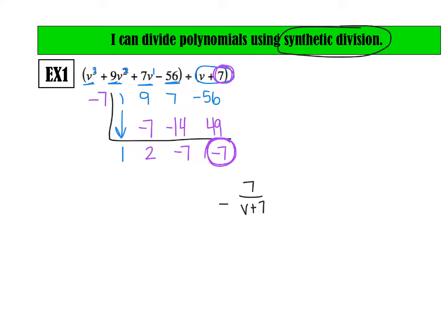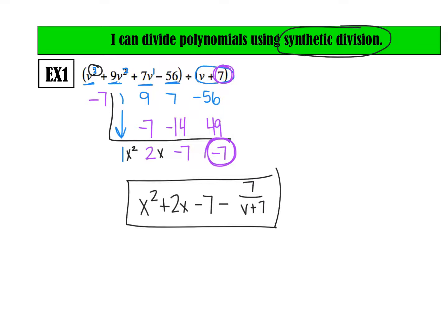And then I started out with the thirds, so I just filled this in with one less value. So it ends up becoming x squared, and it's positive 2x, minus 7 over v plus 7. So go ahead and identify any questions that you have on synthetic division, and we're going to do the remaining problems. We're going to do both versions so we can check our answers.